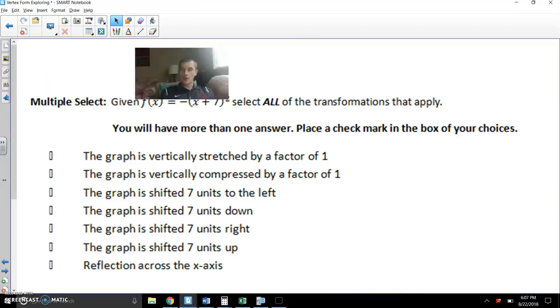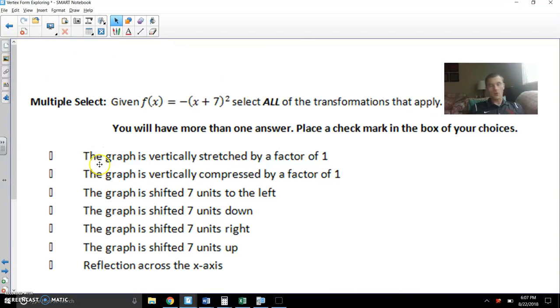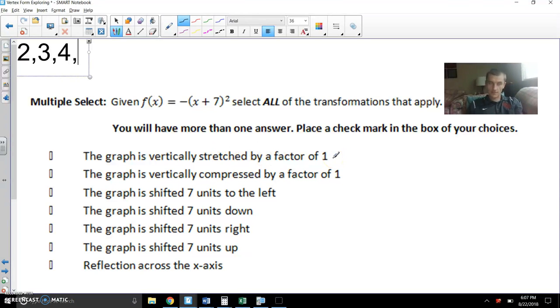And so this very long-looking question is really talking about, please mark and check all of the boxes that qualify as a transformation. So I think there should be 2 here. And honestly, there's never a stretch of 1. There's never a compression of 1. These numbers should be greater than 1 if it's a stretch, like 2, 3, 4, something like that.